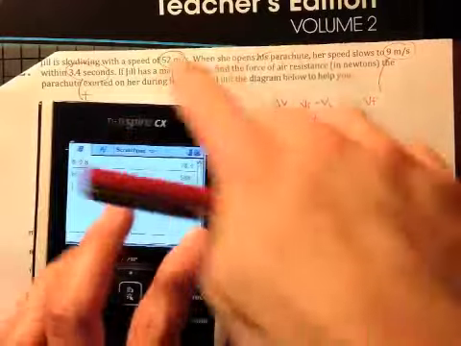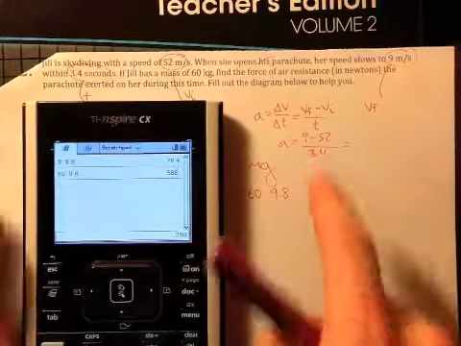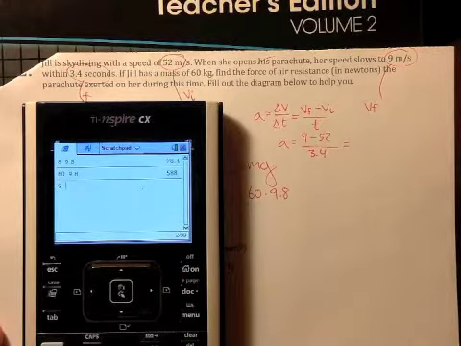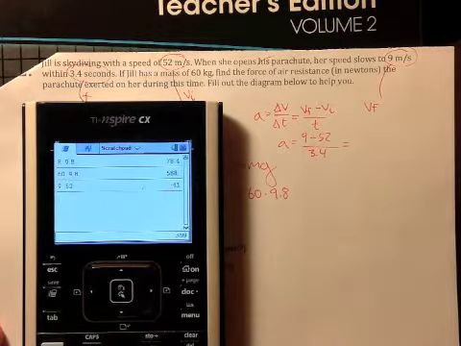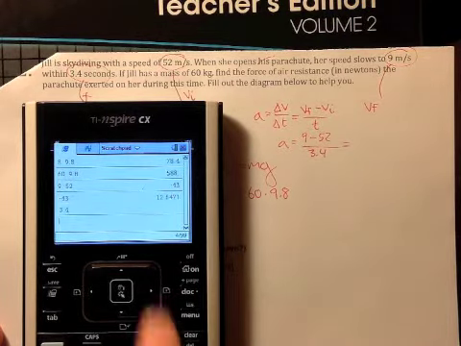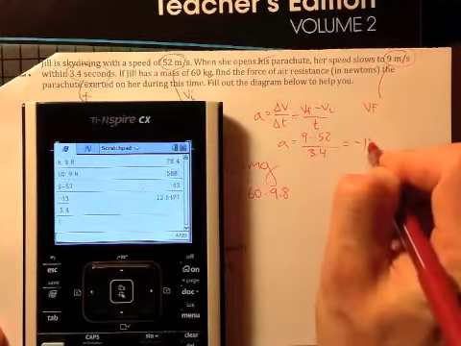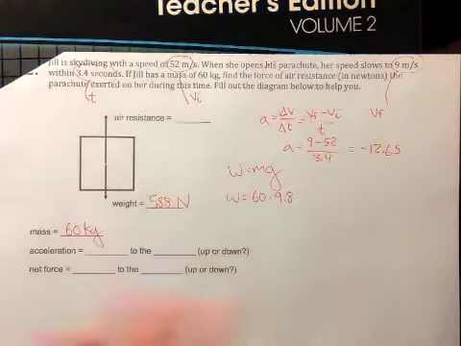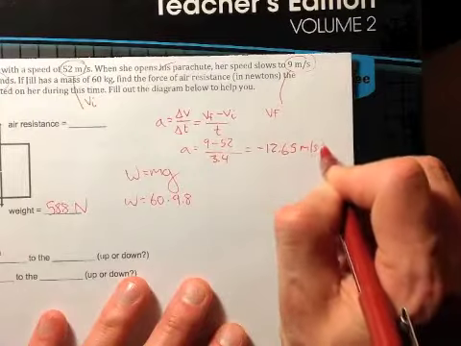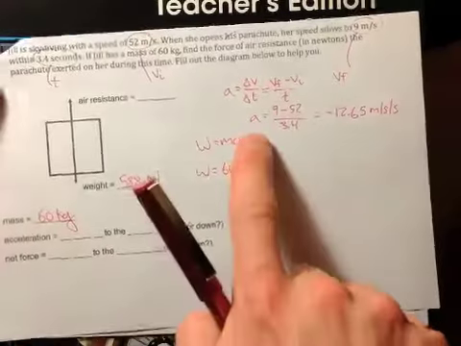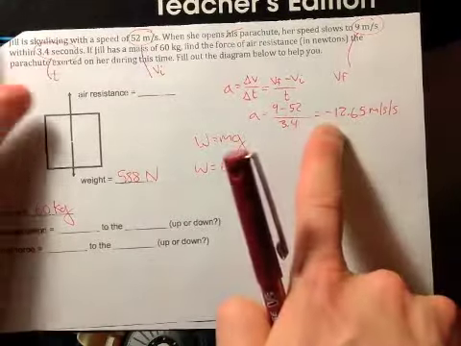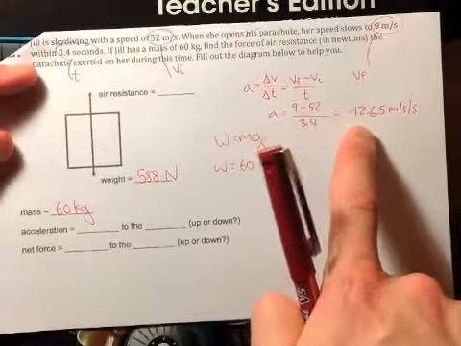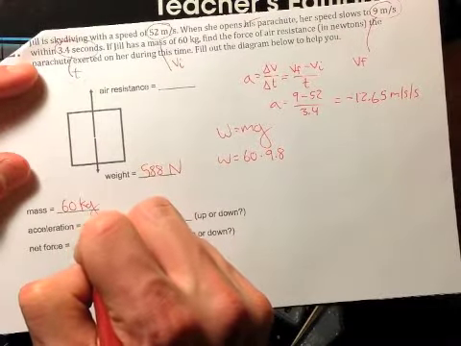Now all of these have standard units, so I can just plug those in the way I did. So 9 minus 52, and then divide by 3.4, negative 12.65. The units of this are going to be meters per second per second. So her acceleration is negative. That means that she's slowing down.